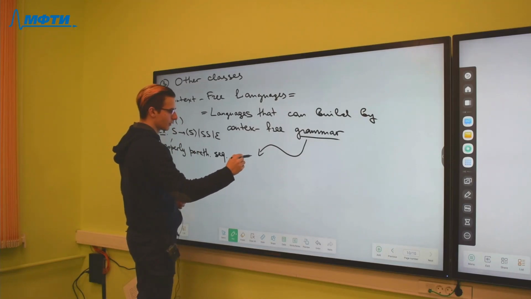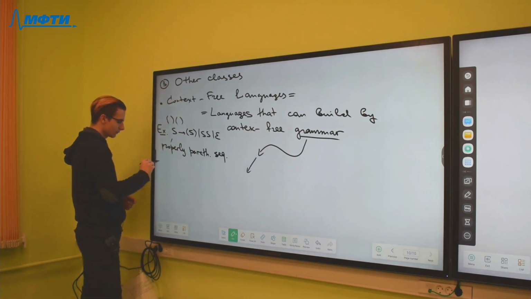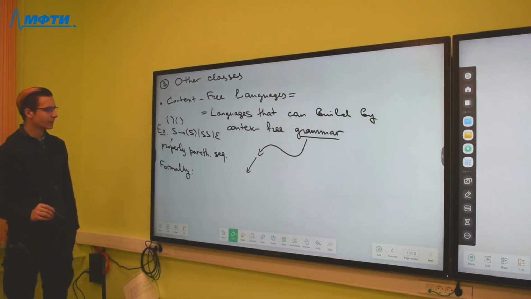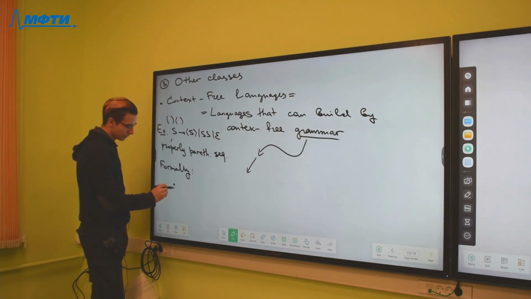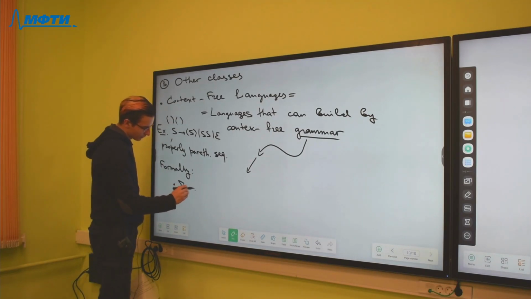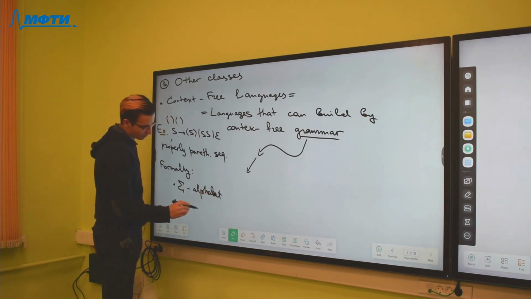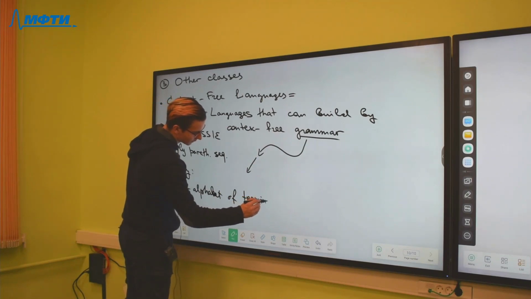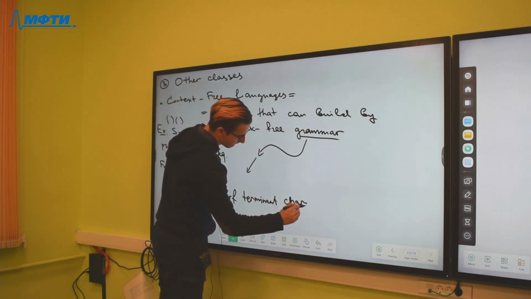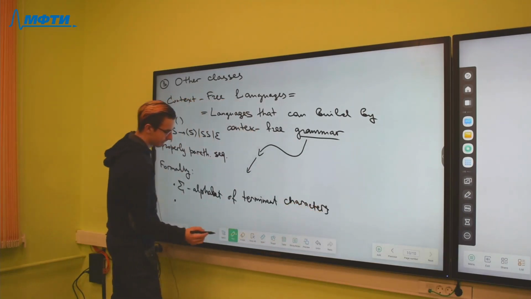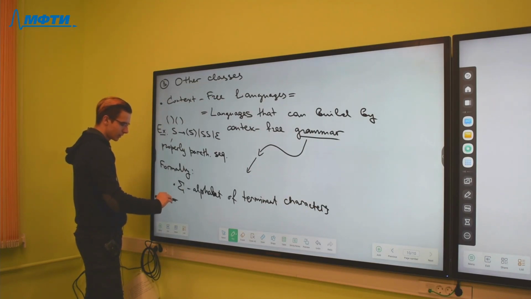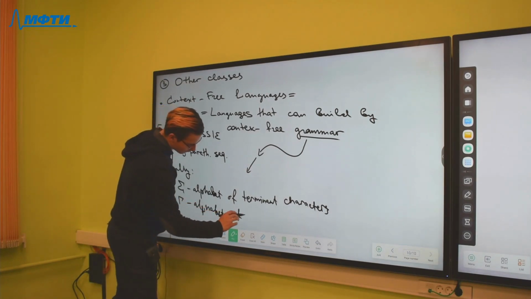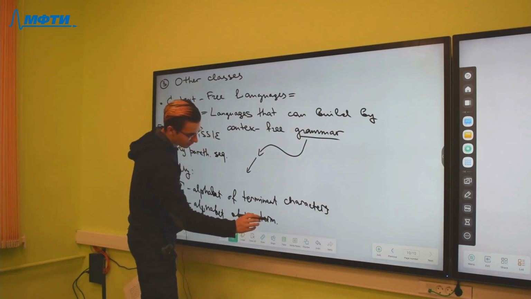So, formally, we have two alphabets. Alphabet of terminants, characters, and I write this gamma of non-terminants symbols.